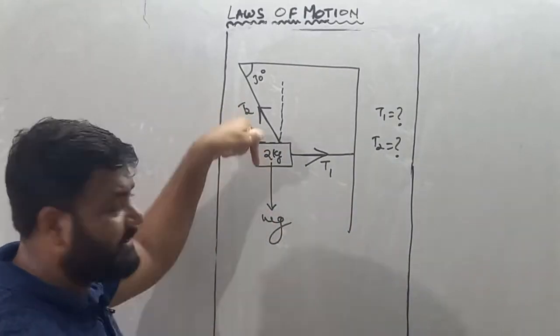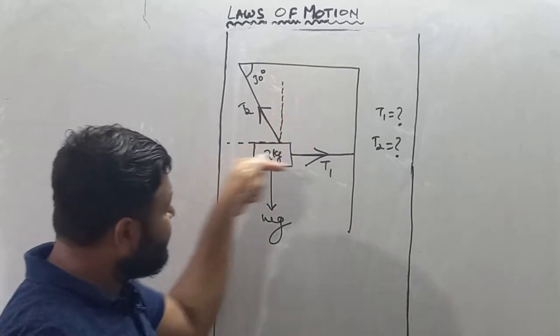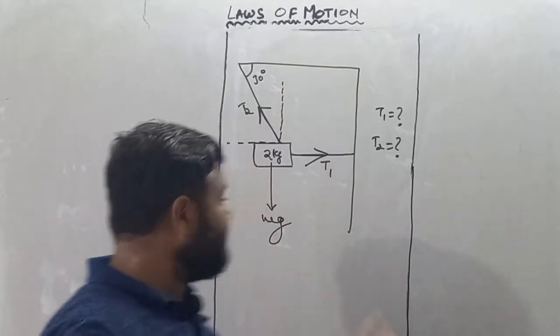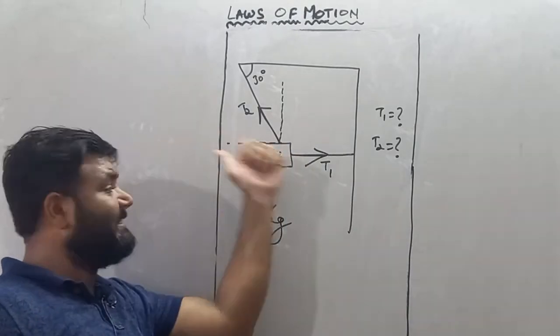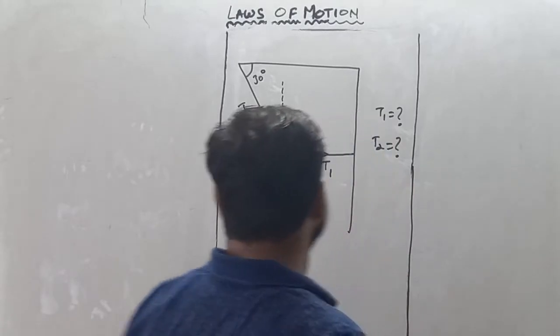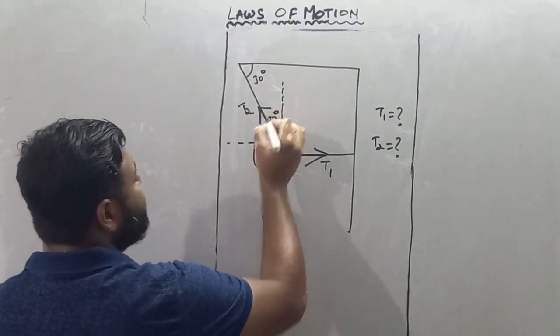So if mg is vertically downward, then there must be one force vertically upward. Similarly, if T1 is in this direction, there must be a force in this direction. So let's say this is 30 degrees, so this also becomes 30 degrees.